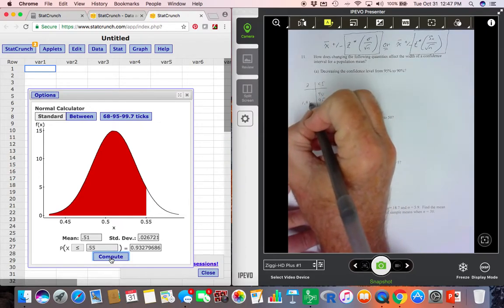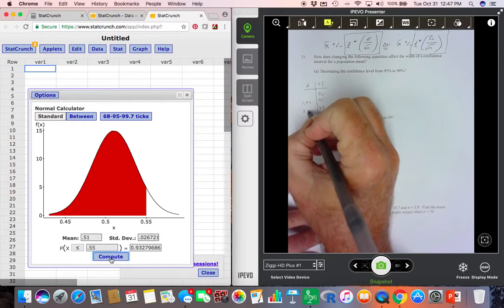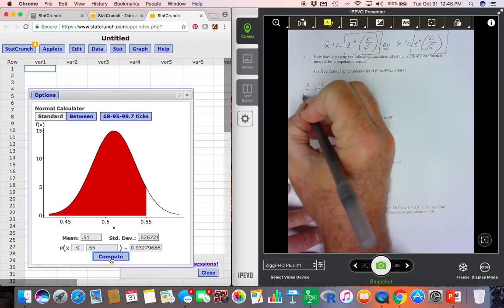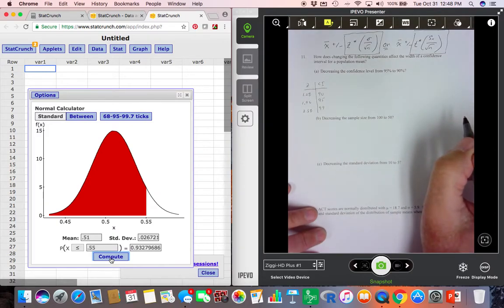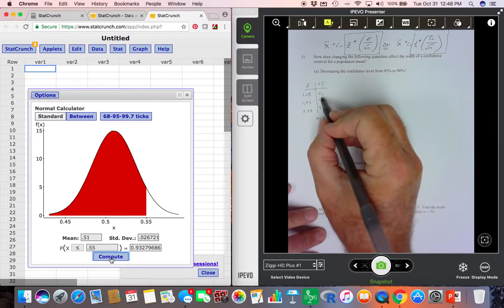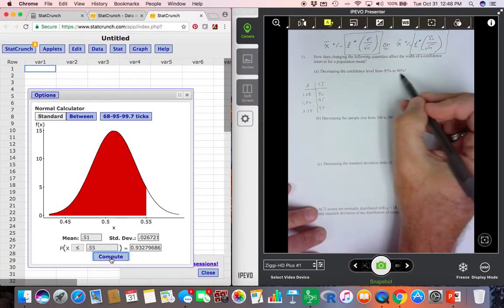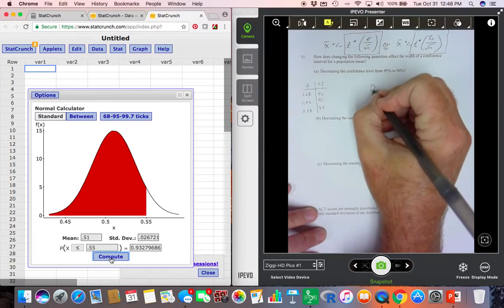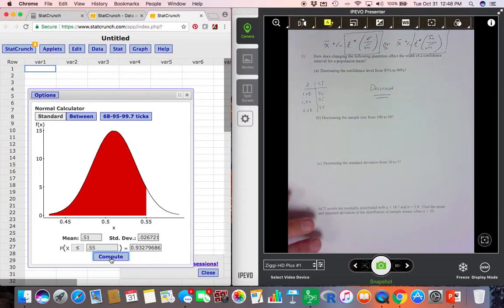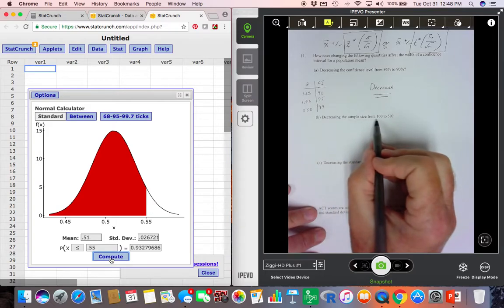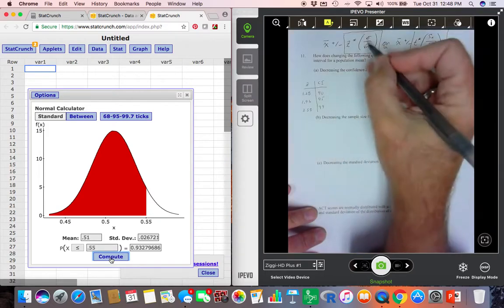This was 1.96. This was 2.58. And this was 1.28, right? So this value is going to decrease, which means that the width would decrease.